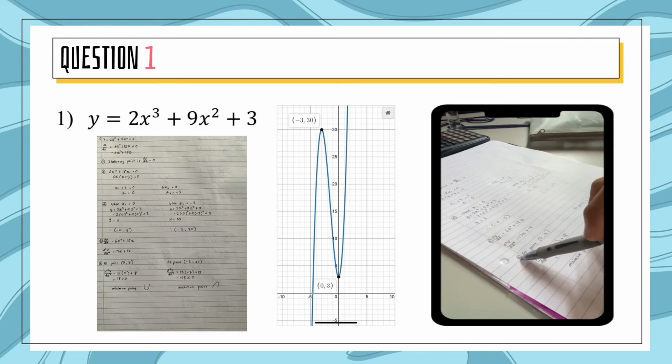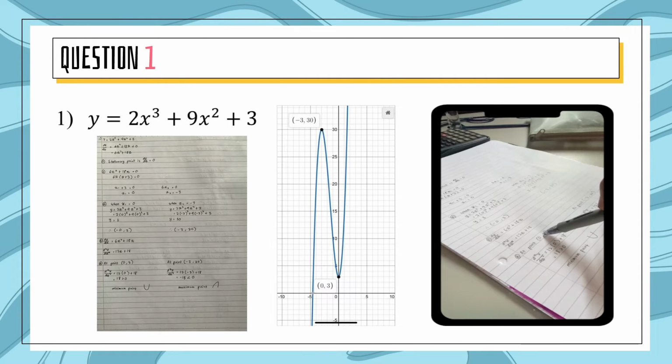And step 6, at point bracket 0 and 3, d power of 2 y over dx power of 2 equals 12 bracket 0 plus 18, so we got this.